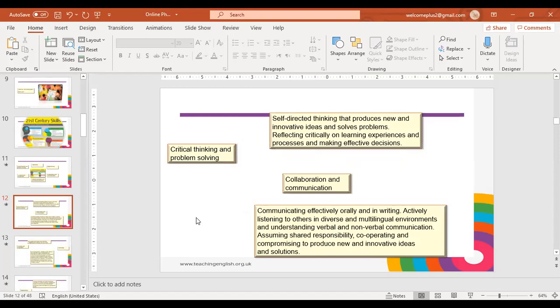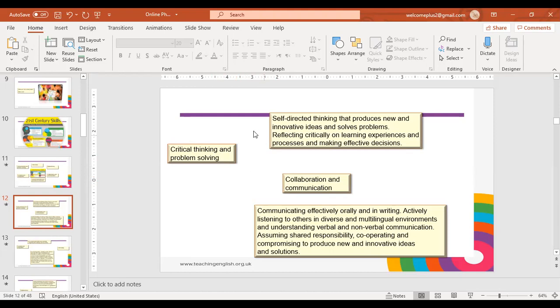Okay, we have here two definitions for critical thinking and problem solving, and for collaboration and communication. Which goes with which? Can you tell me? Again, we have here two definitions. Let's try to match them together. Critical thinking and problem solving: self-directed thinking that produces new and innovative ideas and solves problems.